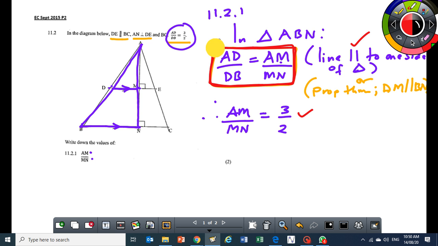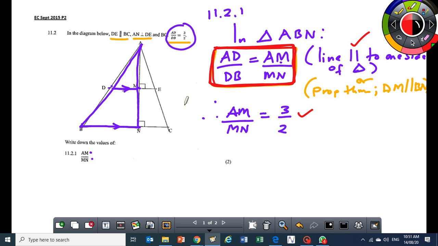So make sure you don't forget to write this together with the reason. Okay, so that's the way you approach the question. Never rush to just write AM over MN is equal to 3 over 2. Make sure you start from the basics of the proportion theorem.